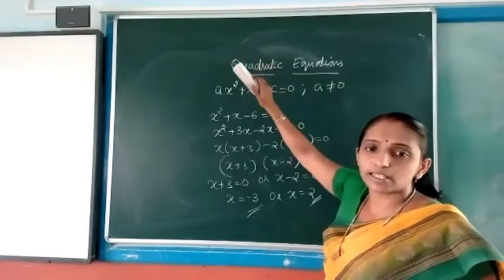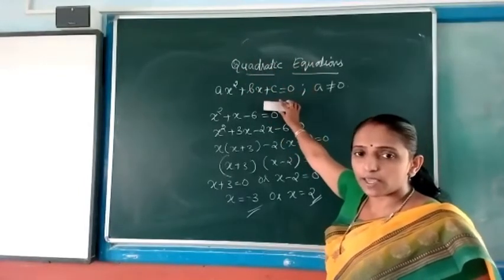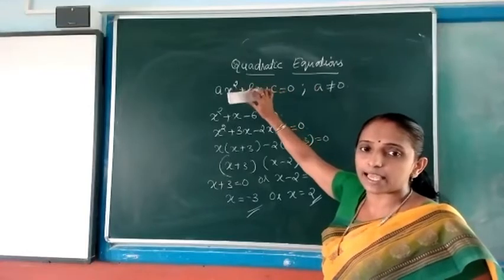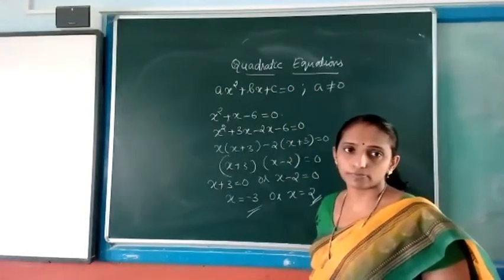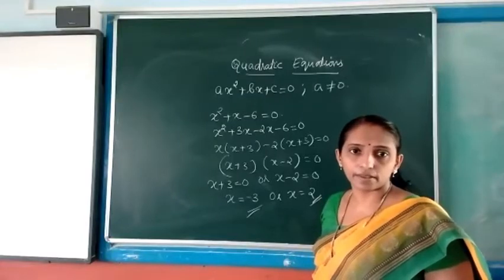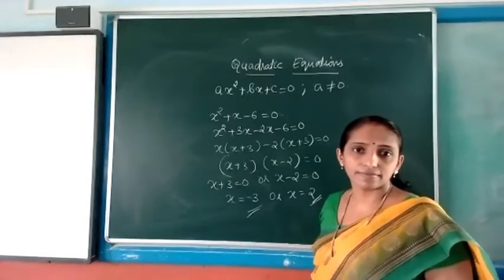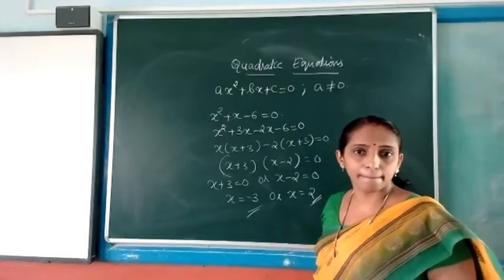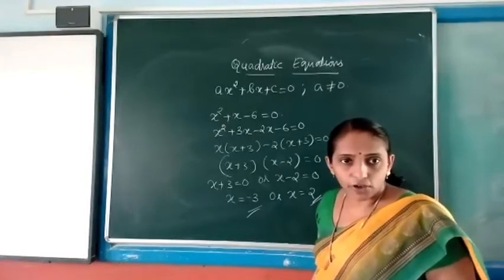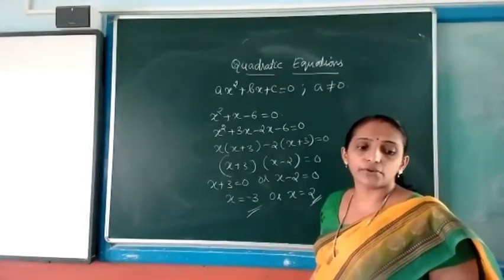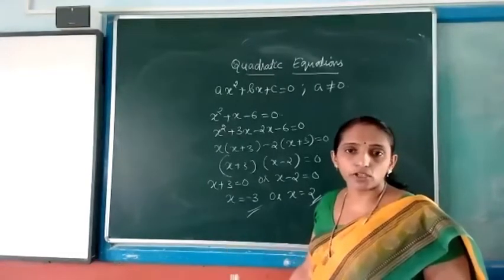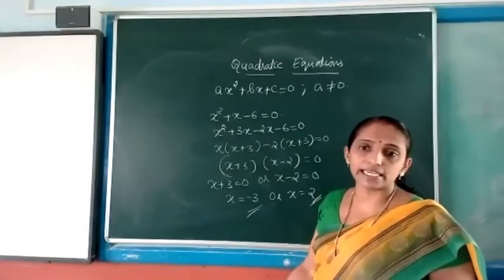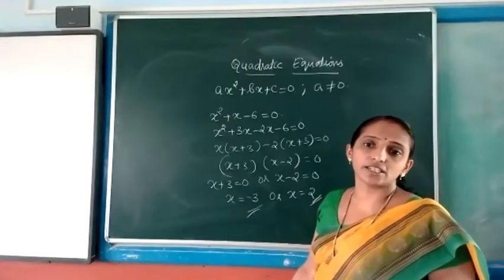If it is not in the standard form, you have to make it in the standard form, that is ax square plus bx plus c equal to 0. Okay, got it? Clear? First of all, you will make the equation in the standard form, then find the two numbers, then split the middle term, then equate it to 0.